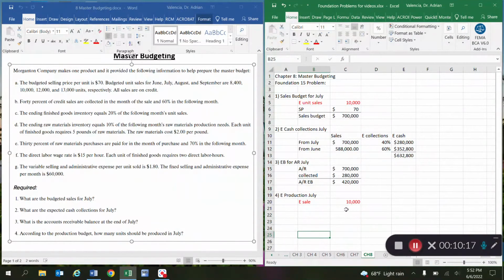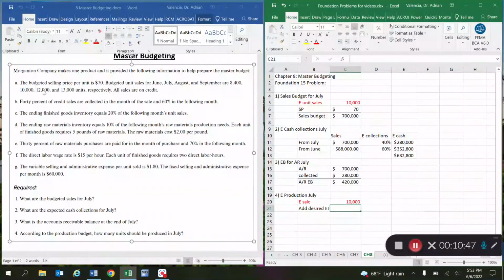Okay. Further, they did tell us that they would like an ending inventory of 20% of the following month's expected unit sales. So in other words, we're not just going to produce the 10,000 that we expect to sell. We also want to add any desired ending inventory. So in this case, for August, the expected sales are 12,000 units.